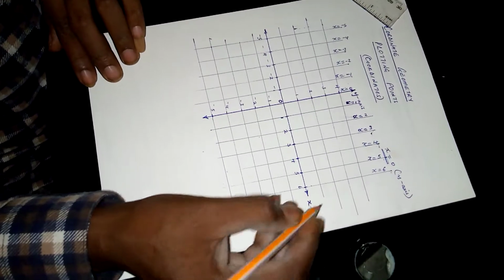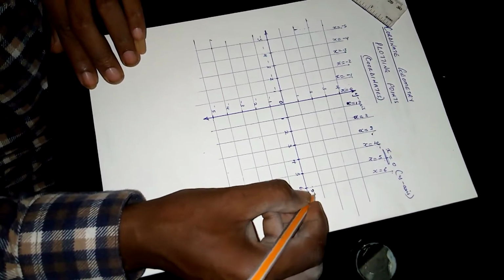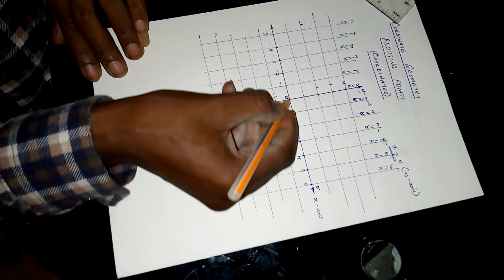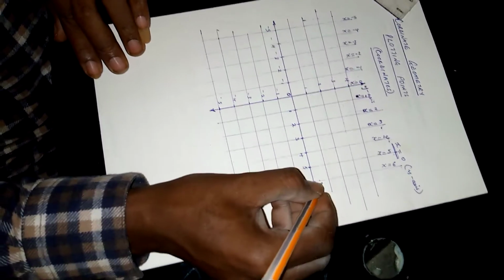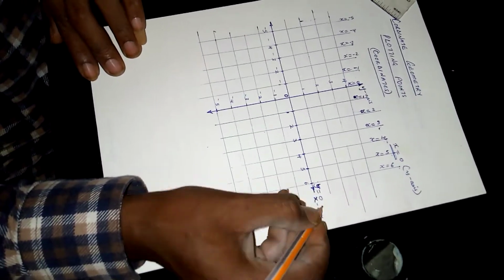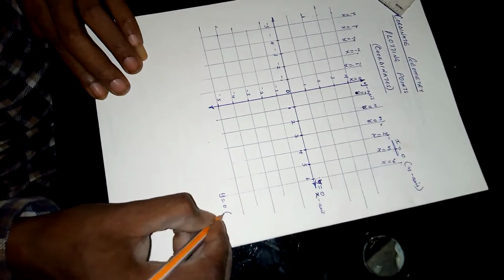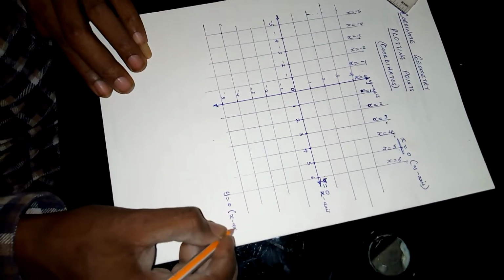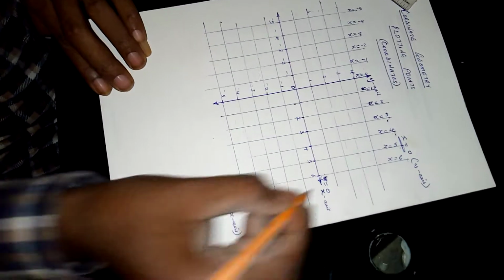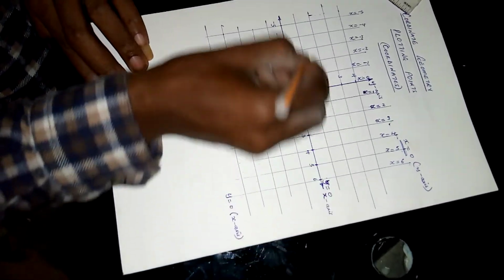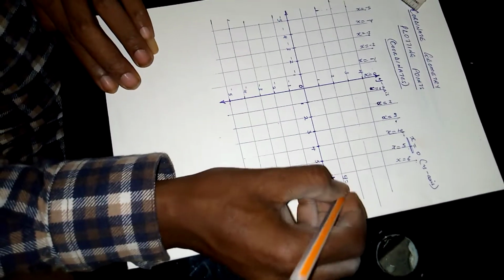Your x-axis, its equation, is a straight line that is crossing the y-axis at 0. So you have to also take note that y is equal to 0 is what we call the x-axis. It is opposite. This line is a straight line crossing the y-axis at 1.